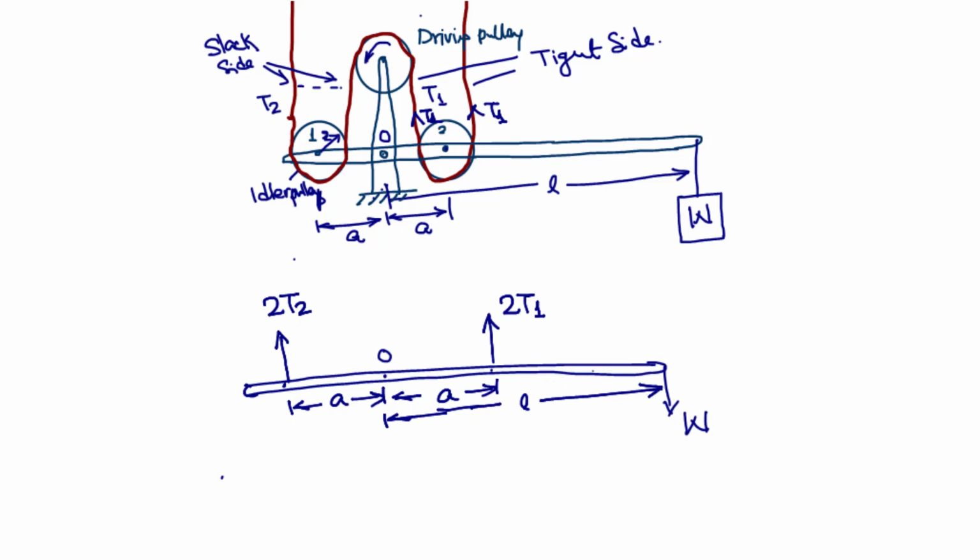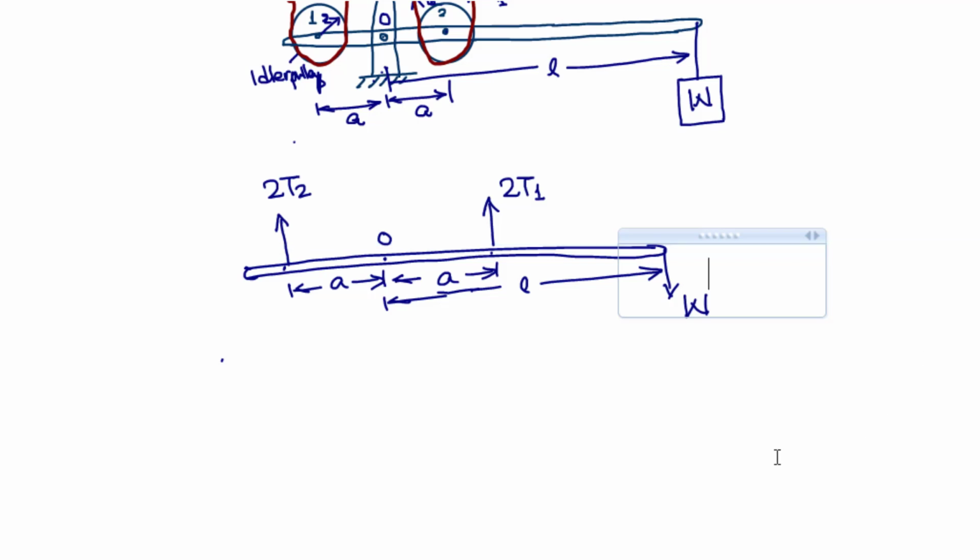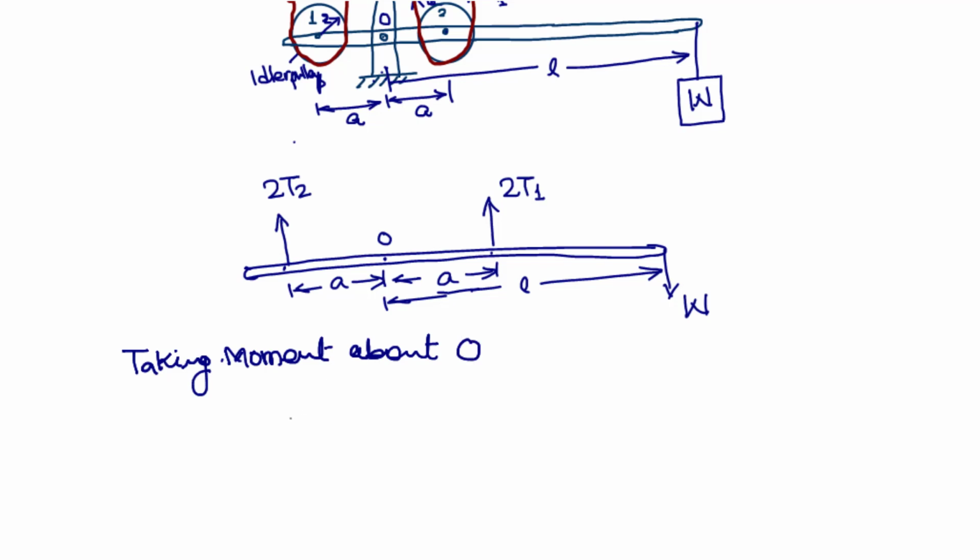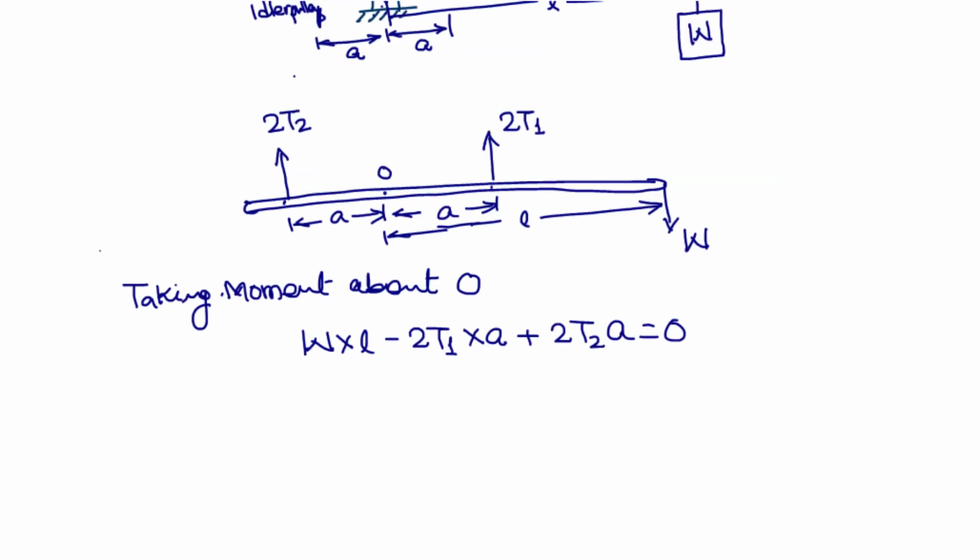Now it is in horizontal position. Now taking moment about O, W into L, the clockwise moment, minus 2T1 into A plus 2T2 into A equals 0, or T1 minus T2, the tension difference of the belt, equals W into L upon 2A.